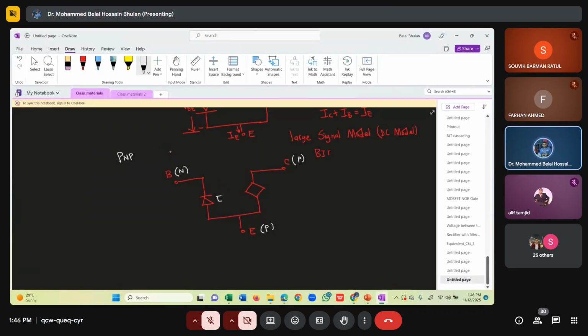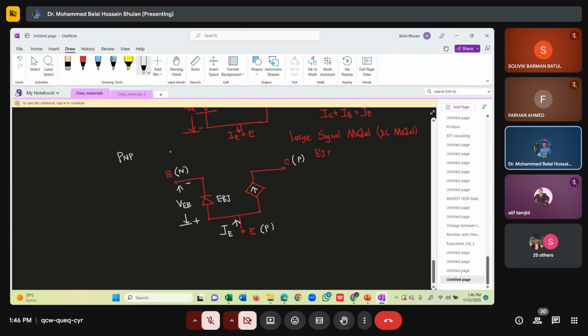This is our EBJ. It should be applied as VEB. The emitter side must be higher, plus minus. That's why the diode is P to N. Emitter current enters the device.